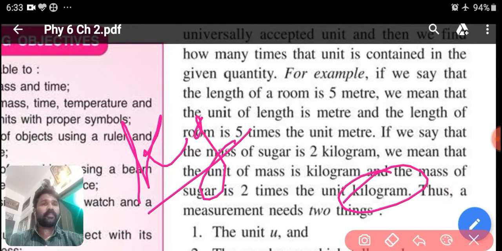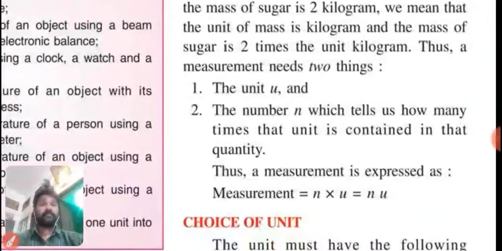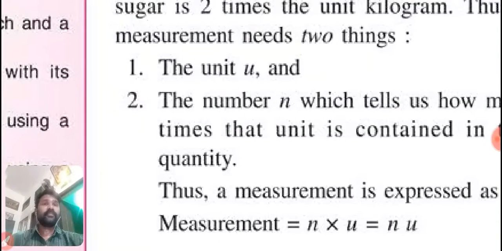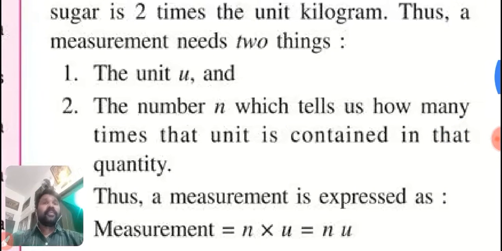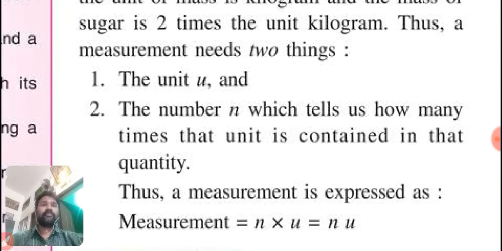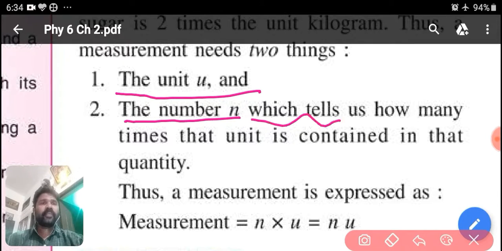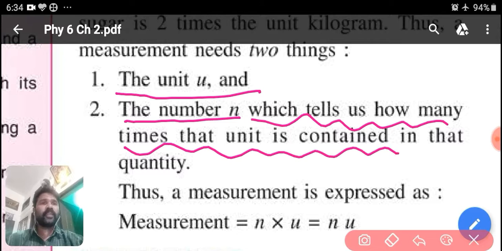Thus, a measurement needs 2 things. First, the unit u, and second, the number n, which tells us how many times that unit is contained in that quantity.